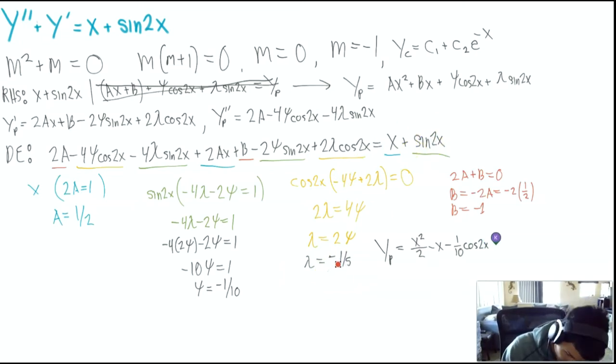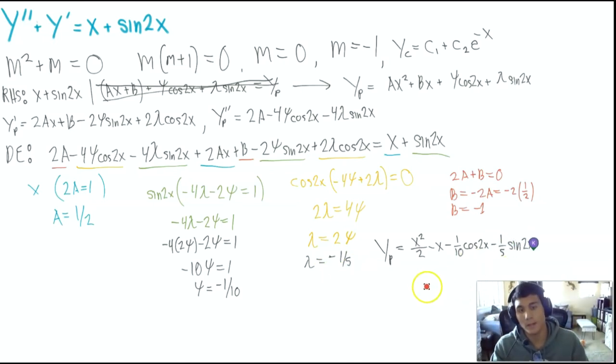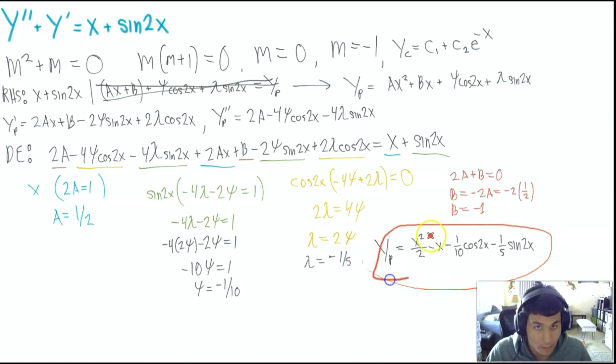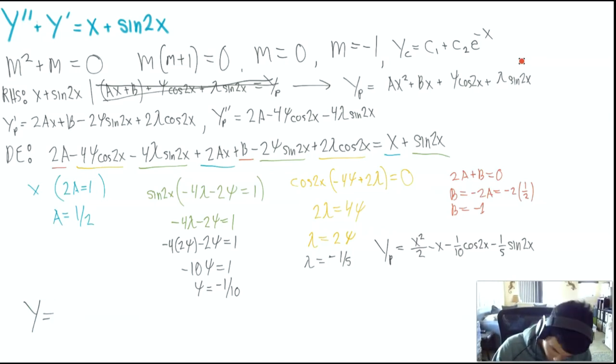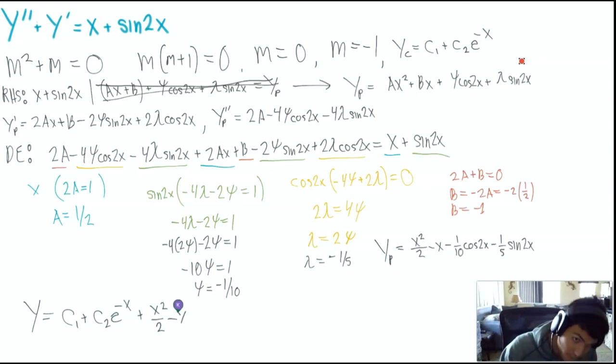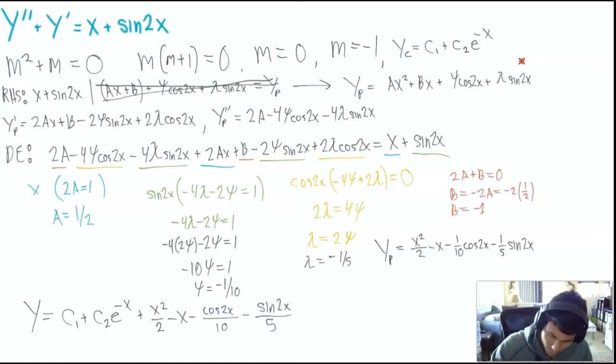It's minus 1/5 sine 2x. Okay, now we can add yp with yc and end it here. So that is c1 plus c2 e to the negative x plus x squared over 2 minus x minus cosine 2x over 10 minus sine 2x over 5. Okay, we get all of that at the end of it all.